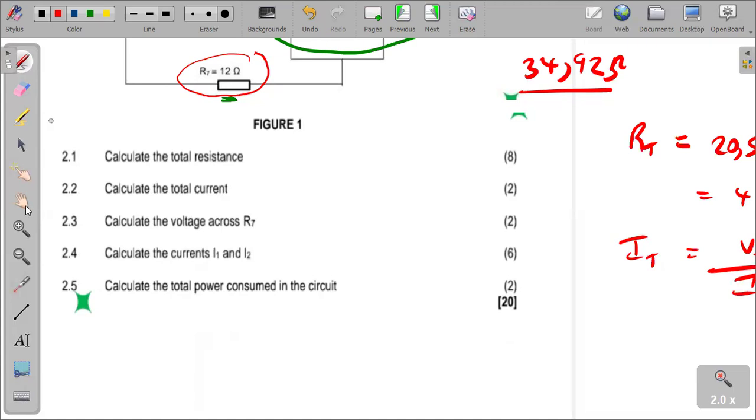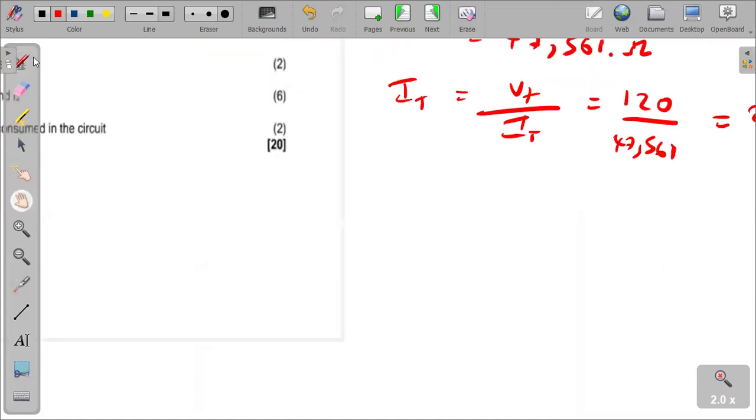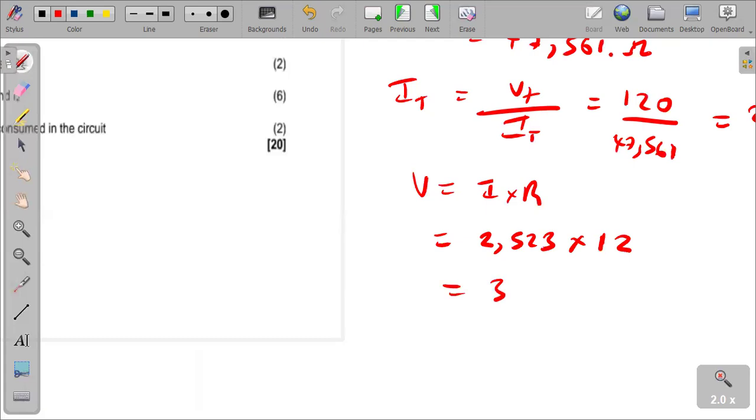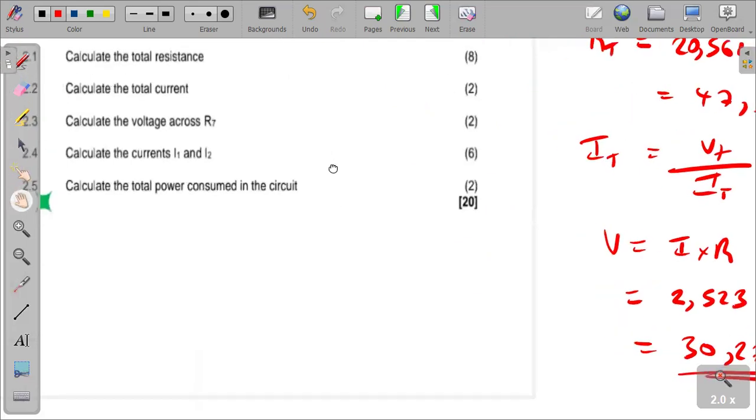So we'll simply say V, the voltage, is equal to I multiplied by R, where I is I total, the current we have just calculated. We got 2.523 multiplied by the resistance of R7, that's 12. So what is that going to give us? 30.276 volts. That marks the voltage across the 7 ohm resistor R7.